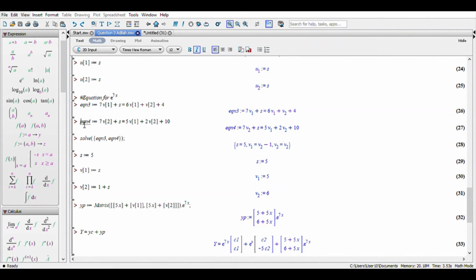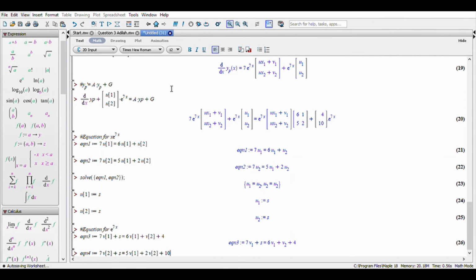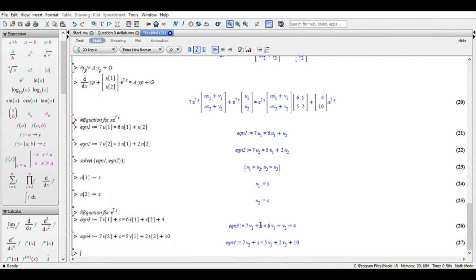And the second equation, which is equation 4, is 7v2 plus s equal to 5v1 plus 2v2 plus 10.